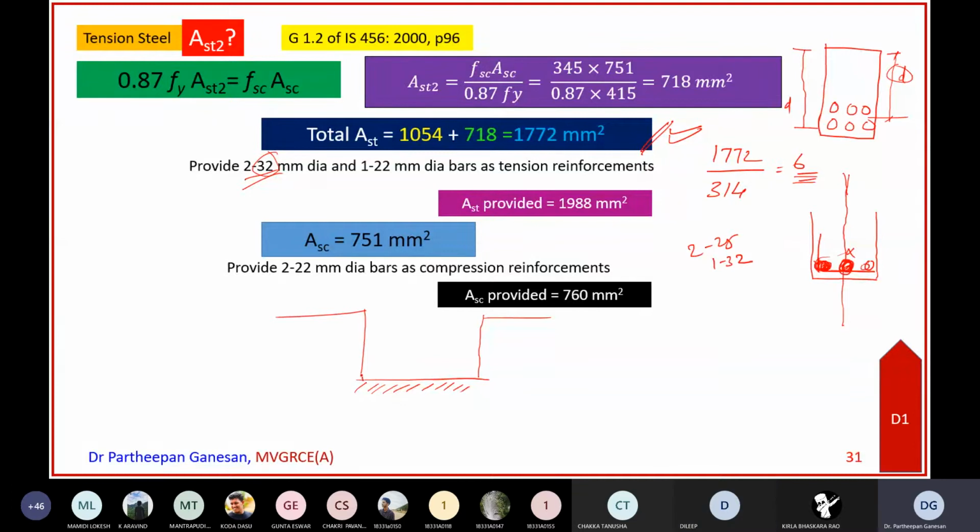Sir. Tell me. You understood, na? So let us say this is your reinforcement cage. Your reinforcement cage will be like this. Bottom some rods, top some rods. Now you are going to place this beam on this formwork, but you will keep a cover block at the bottom. If the nominal cover is 30 mm, you will have this block.